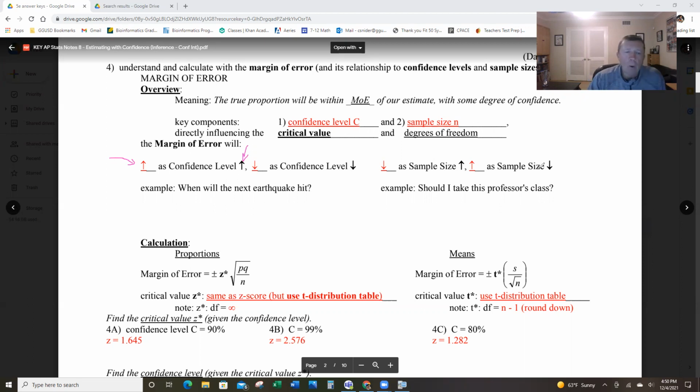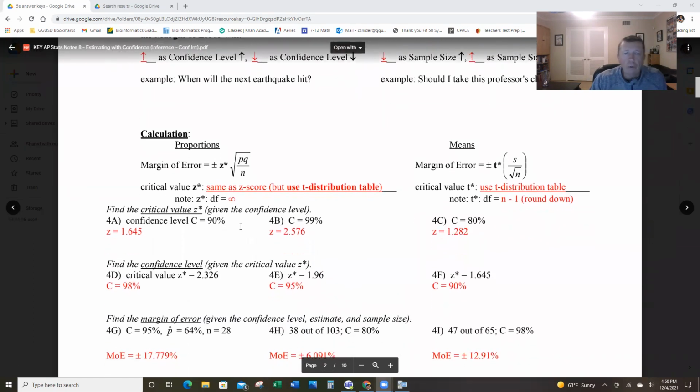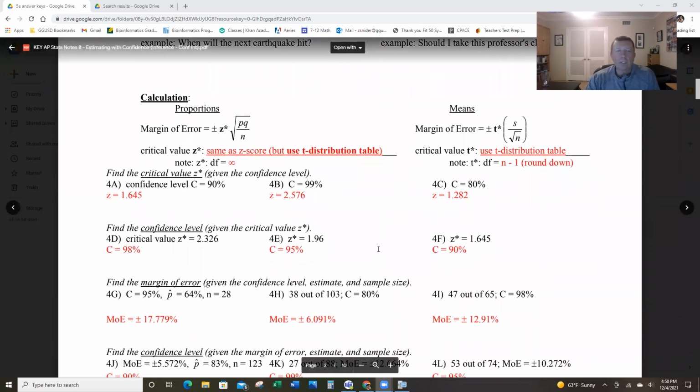Now we're going to get into some more calculations on this. We're going to focus on proportions. I'm going to really break the skill down for you. Now the margin. Remember the formula. The formula for a proportion is going to be your estimate, p hat. Whatever your estimate is, that's called the point estimate.